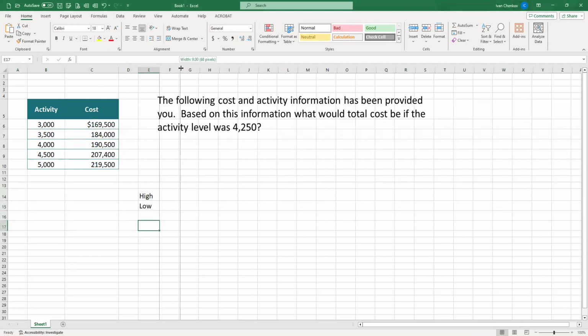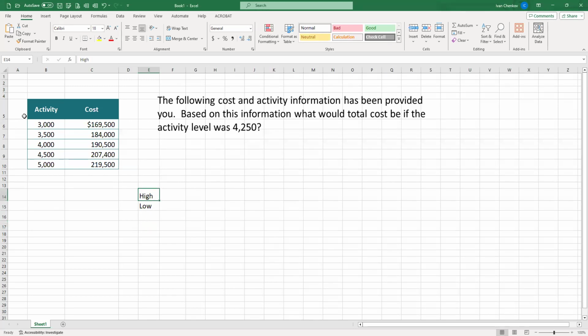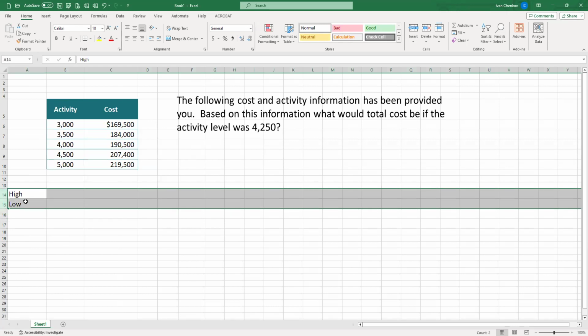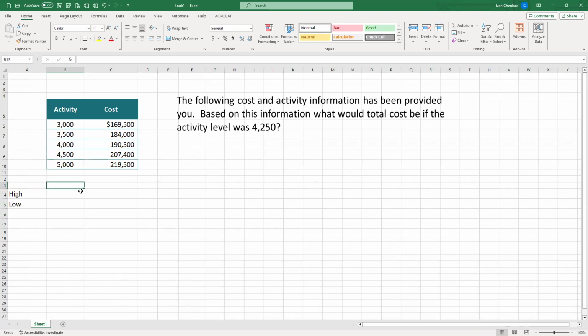On the high and low, first I'm chasing the activity, and then chasing the cost, correct? I need to find those two.